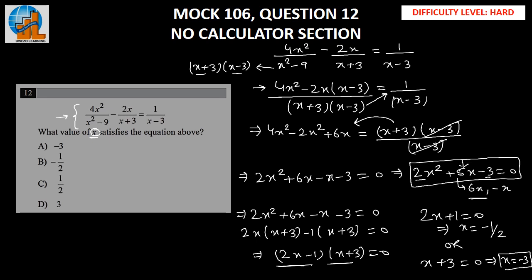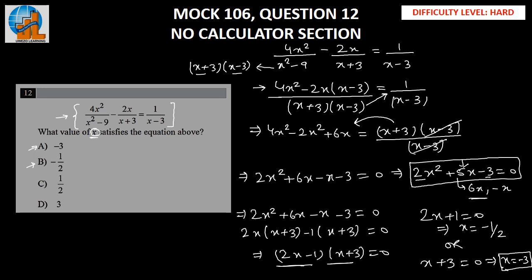Now we need to find which of the values we have been given in the options here. We have been given both minus 3 and minus 1 by 2, and now we need to substitute these two values in this equation here and see which is the right answer.